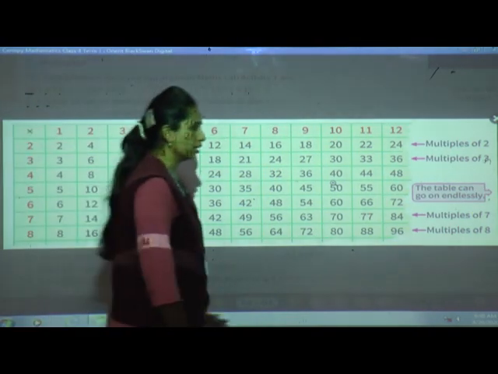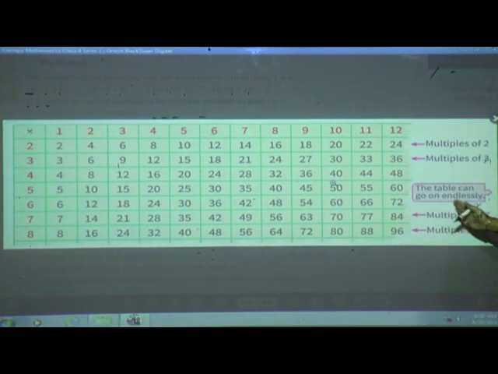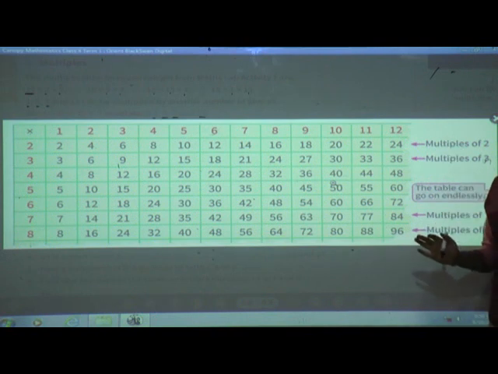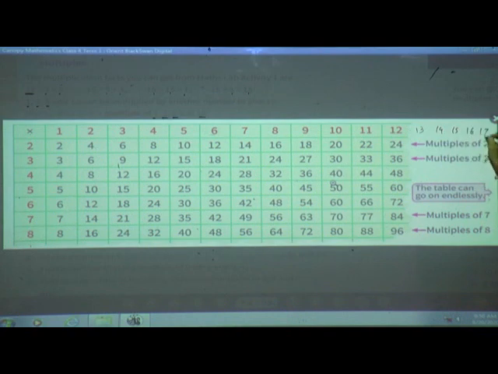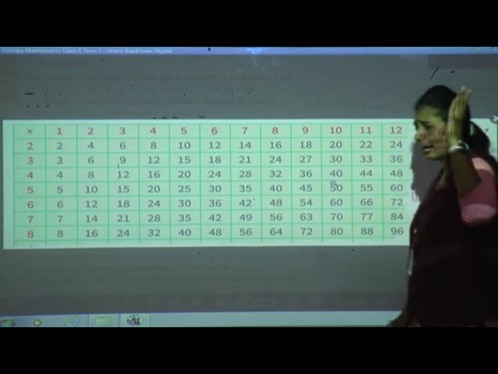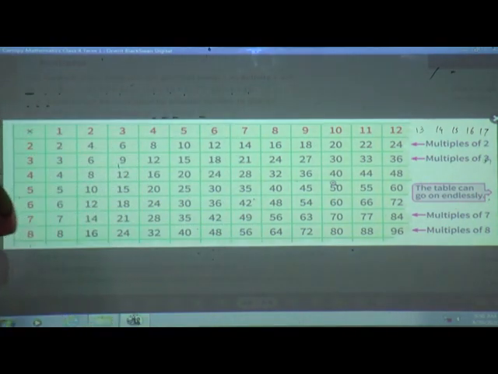Understood? Now here what I want to tell you, the table can go endlessly. Why? Because we don't know what is the highest number. See here, it will continue, 12, after that 13, 14, 15, 16, 17. We have studied till 8 digit numbers, 1 million, 1 crore, 10 crore, isn't it?